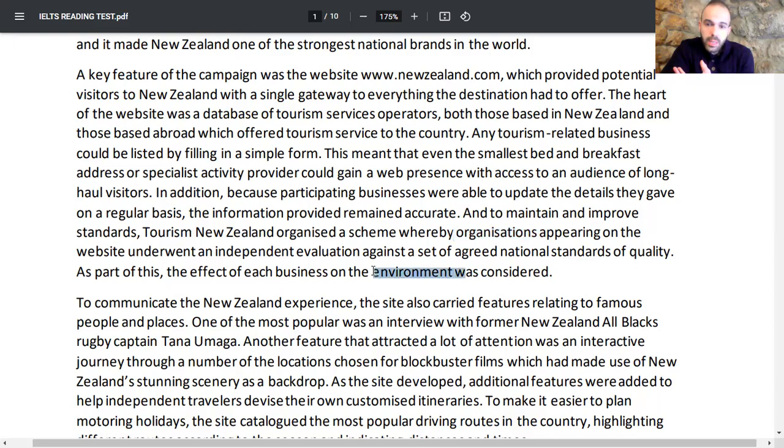So environment is the answer. We have the effect of business on the what? Effect is a synonym of impact. So the answer is environment. Quite easy. The synonyms of some keywords have helped me to locate the answers.